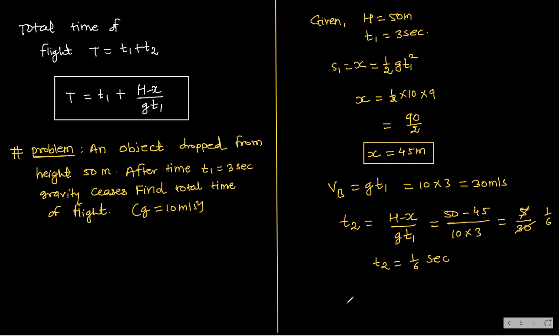Now total time of flight you have to find. So what is that? T1 plus T2. So this is 3 plus 1 by 6. So how much this is? 18 plus 1 by 6, which is 19 by 6.